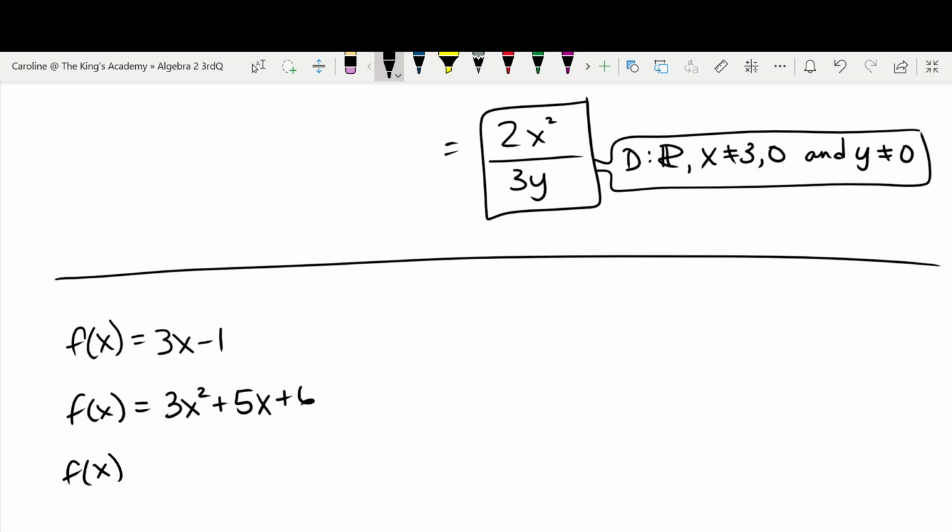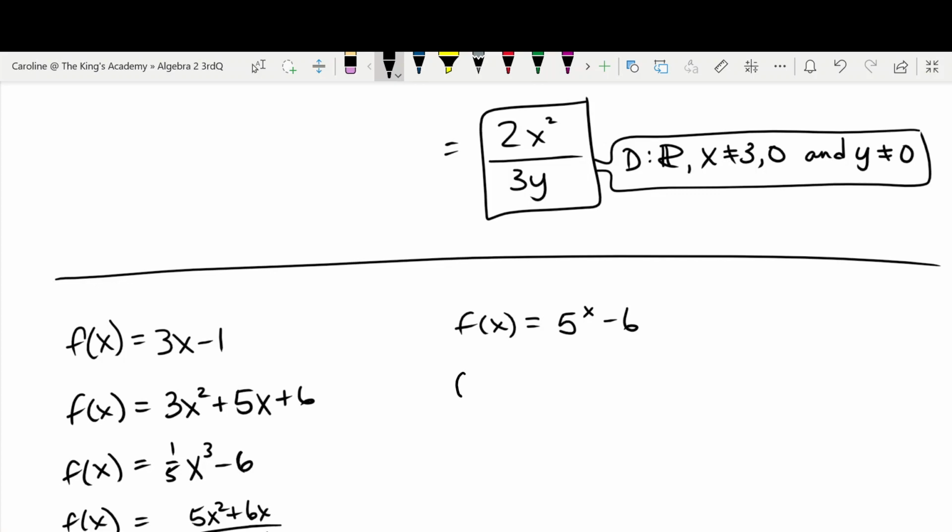Here's another one. And here's one. And here's one. You know what's crazy is you guys have seen all these before. These are all functions you have seen and graphed before.